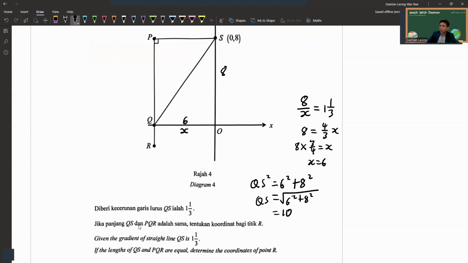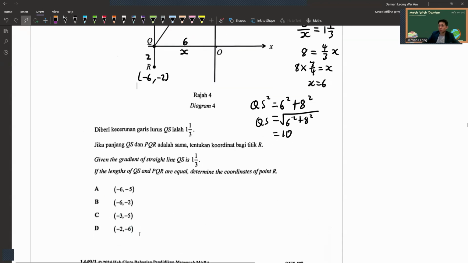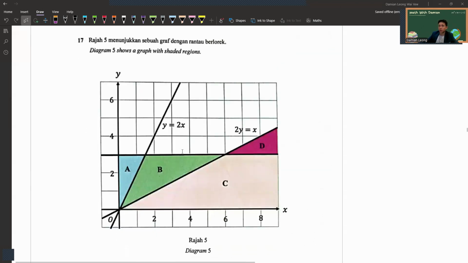P to Q will be the same as S to O. So it's 8 here, means Q to R is 2. So 2 below the x-axis means y coordinate is -2. X coordinate to the left of the O by 6, -6. So coordinates of point R, -6, -2. Answer B. Okay, that's question 16. Question 17.